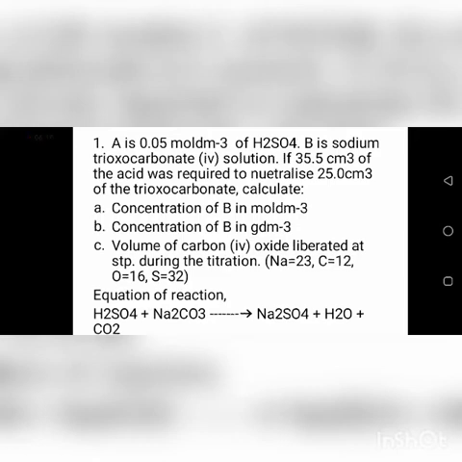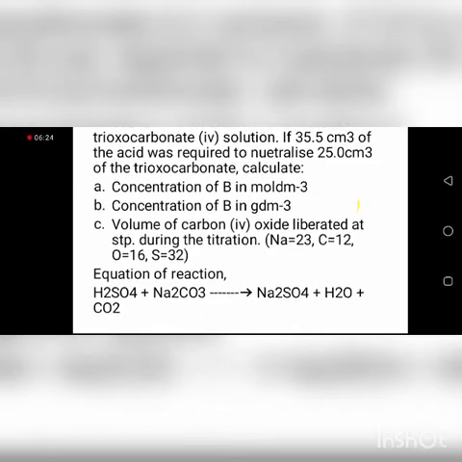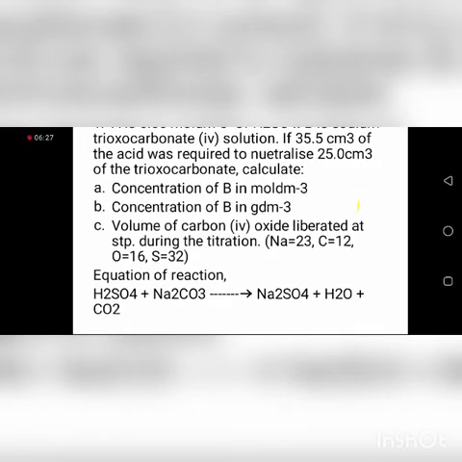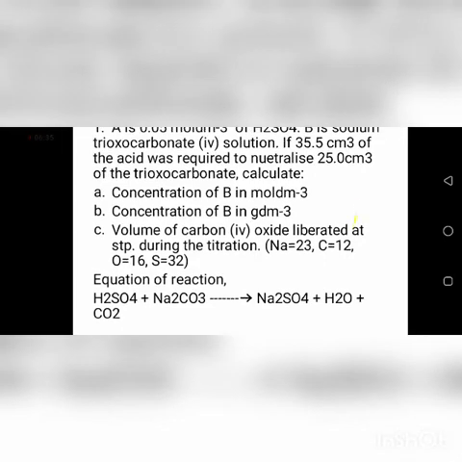the concentration of B in mole per dm³, the concentration of B in gram per dm³, and the volume of carbon(IV) oxide liberated at STP during the titration. In this question, you have already been given a balanced equation where tetraoxosulfate(VI) acid reacts with sodium carbonate to give sodium sulfate plus water, and carbon(IV) oxide is liberated.